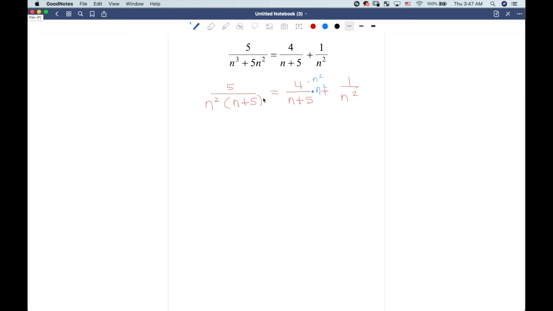Okay? This one has n squared, this one has n squared, perfect. But the first fraction has n plus 5. The second fraction also has n plus 5. So if I want them to be the same, then this also needs to have n plus 5. And make sure you multiply both numerator and denominator. Right? So that just helps me see what the denominators need to have. Let me clean this up.